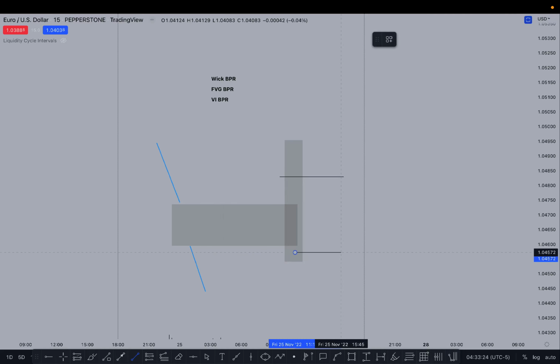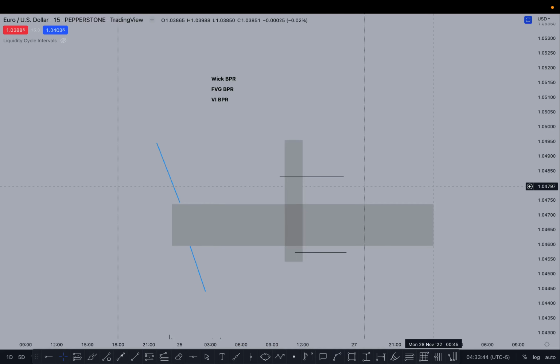So from here to here is the bullish fair value gap, and this is the bearish fair value gap. As long as the middle one has a gap that overlaps with this smaller gap, then this smaller gap is your balanced price range from a fair value gap perspective. Only from a fair value gap perspective.